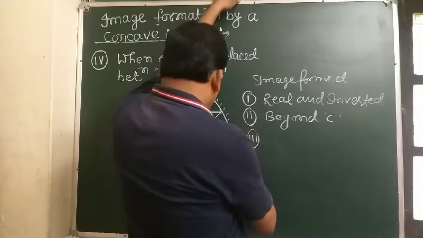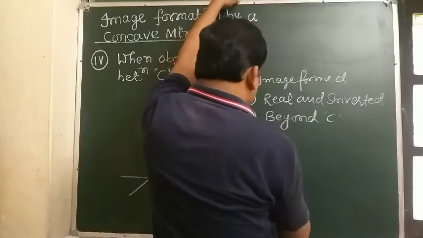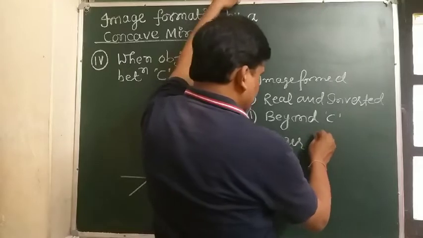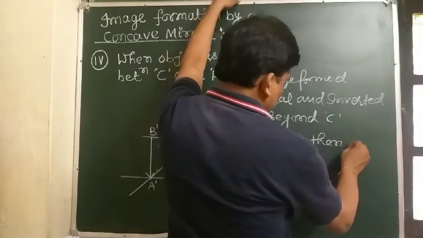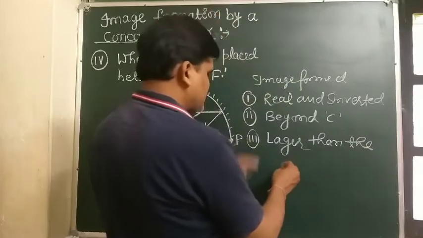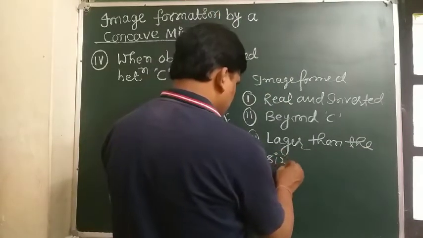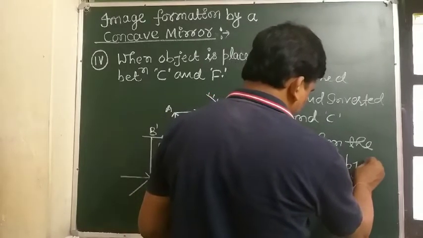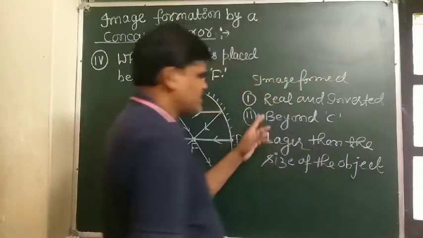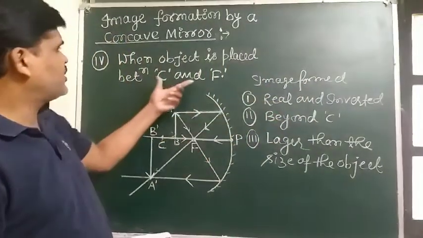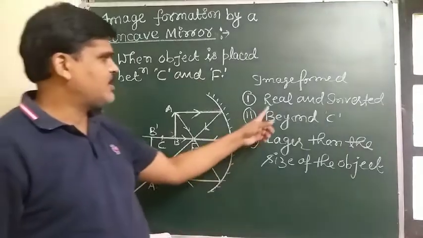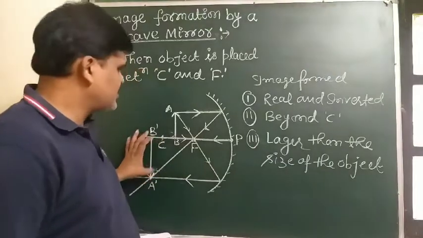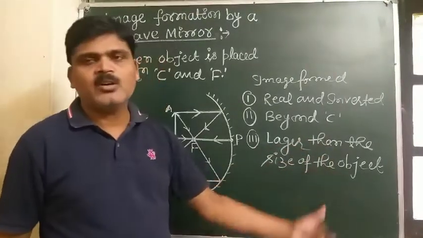And the size of the image is larger than the size of the object. So this is the image formed when the object is placed between C and F: real and inverted, beyond C, and larger than the size of the object.